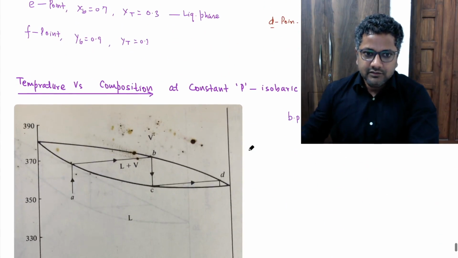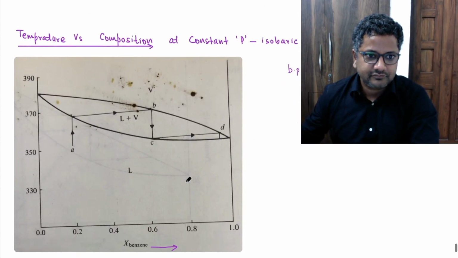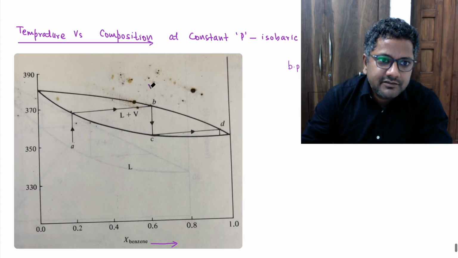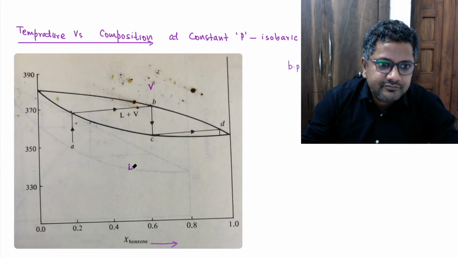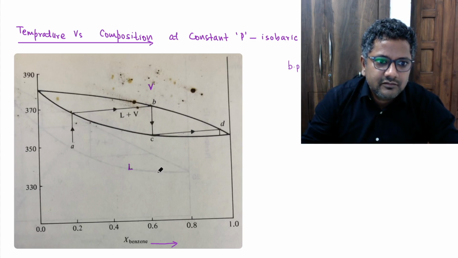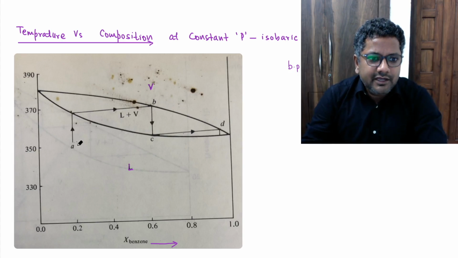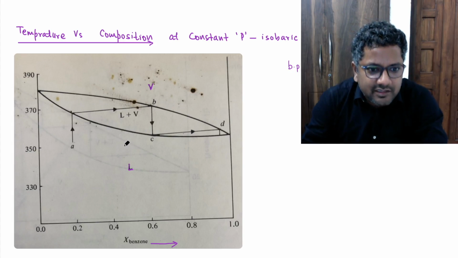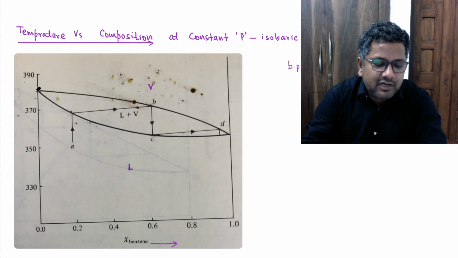See here, in this graph, this is the vapor phase, and this is the liquid phase. You can see the same explanation here. If you take any point on this line, it is less than the boiling point, because this is the boiling point of benzene and this is the boiling point of toluene.